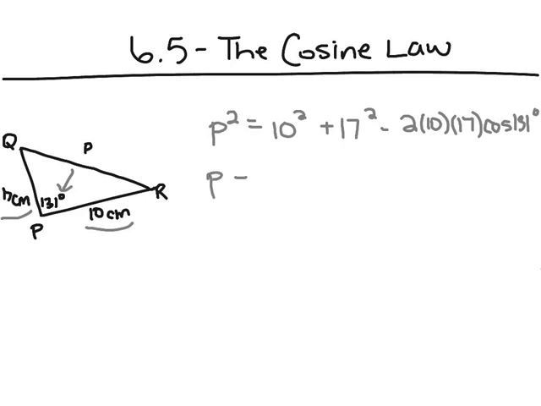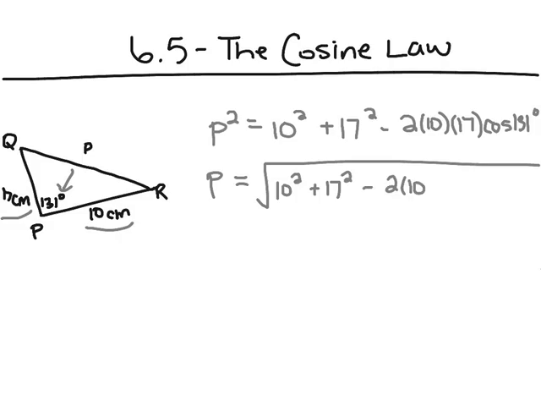We want to take the square root of this, so it's going to be equal to the square root of 10 squared plus 17 squared minus 2 times 10 times 17 times the cos of 131 degrees. Type it all into your calculator, and you should get 24.7 centimeters.